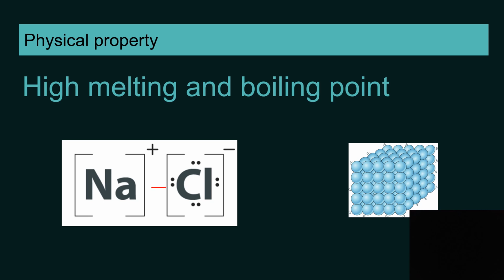The bond between them is very strong and very hard to break. Therefore, it requires a lot of heat and energy to break them, so they have a high melting and boiling point. Because of that, most of the time ionic compounds at our normal room temperature, about 27 degrees Celsius, are in a solid structure.